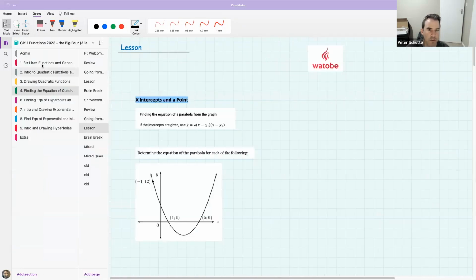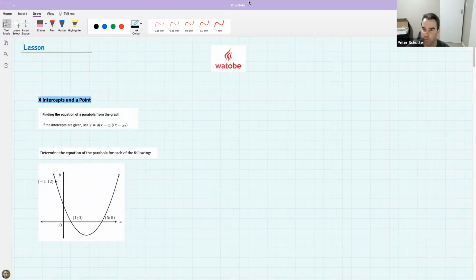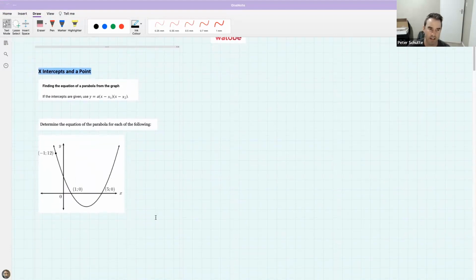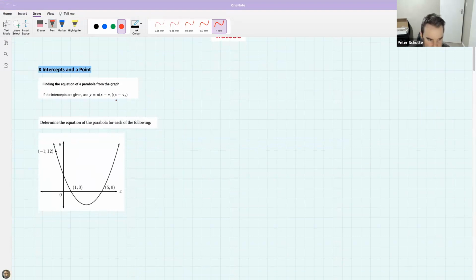Okay, let's get on to the main part of the lesson. We've done a good bit of revision, and I like what I was seeing in the chat. So for finding the equation of a parabola, I'm going to do an example, and then you're going to mimic the example that I show you. We have a parabola on the left-hand side here.